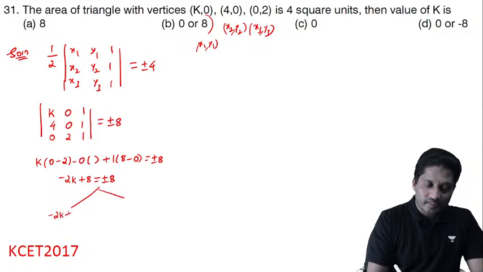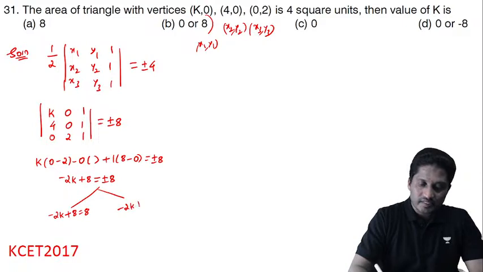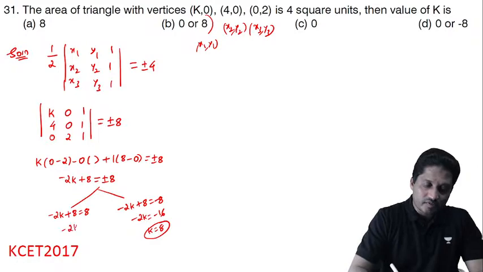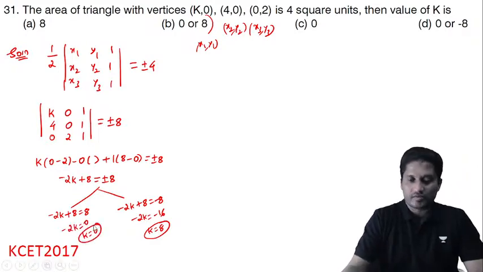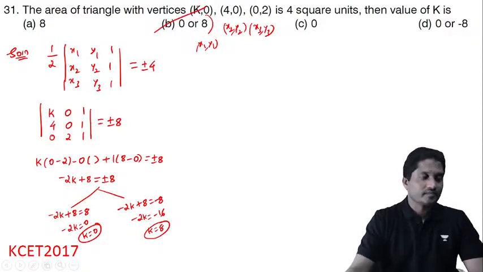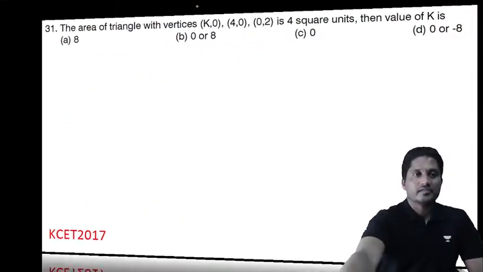Minus 2k plus 8 is equal to 8, then minus 2k plus 8 is equal to minus 8. Minus 2k is equal to minus 16, k is equal to 8. Now minus 2k is equal to 0, that is k is equal to 0. So k is equal to 0 and k equal to 8. Answer is option B. Let's move to the next question.